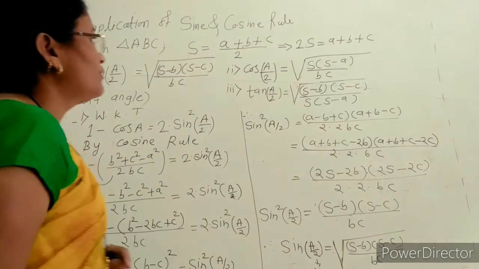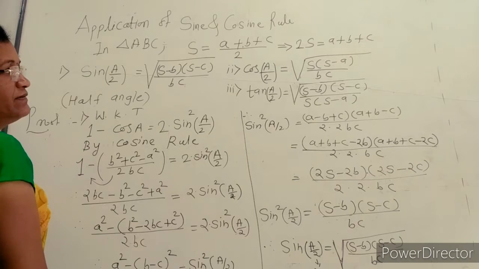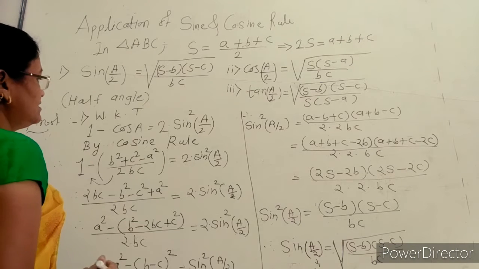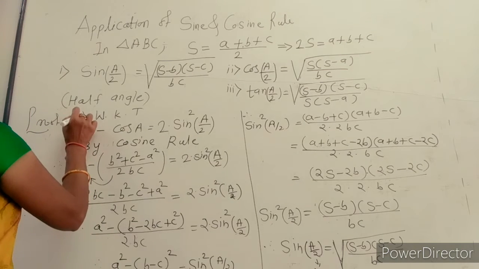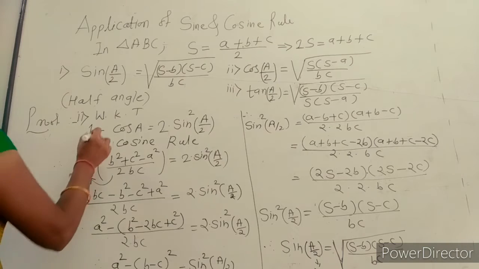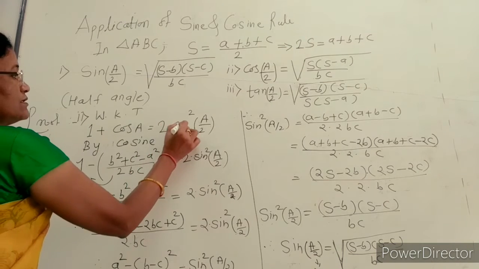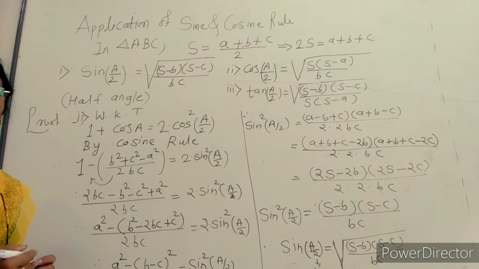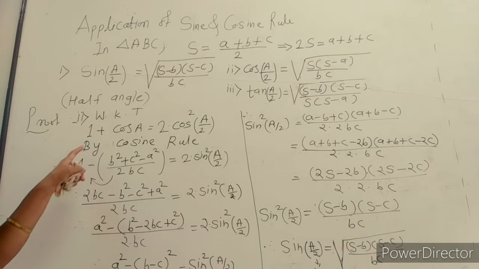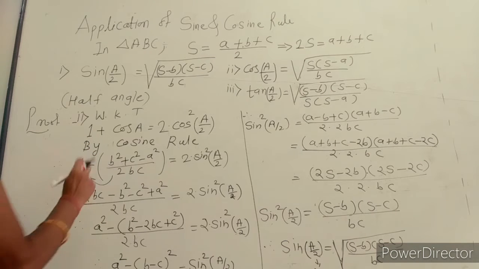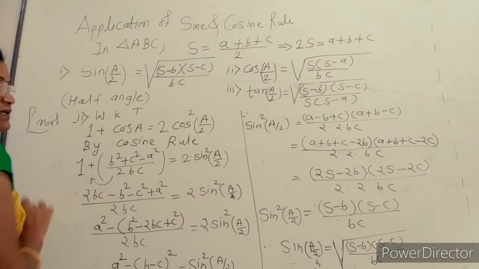We now prove the second result for cosine. Okay, this is a very important and very easy result. For the second result we take 1 plus cos A is equal to 2 times cos square A by 2. So again, using cosine we take only the plus sign.